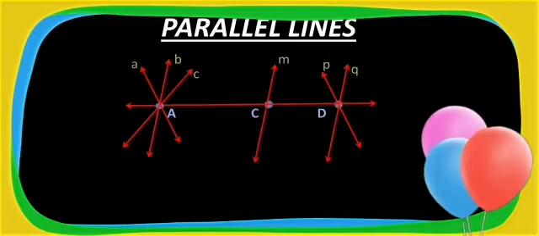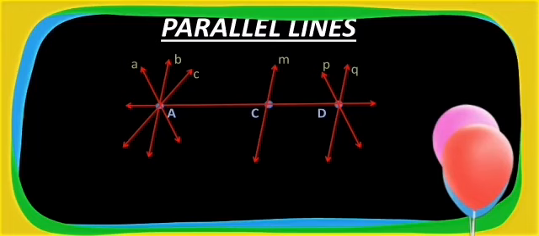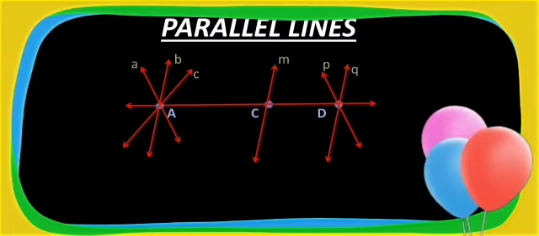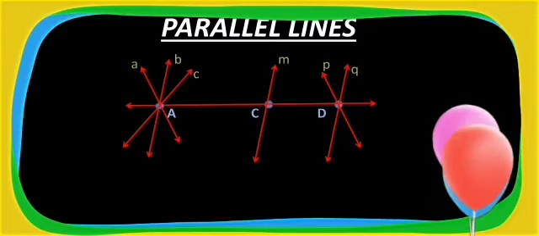Now let's move on to the next concept. No, we will give some activity first. Parallel lines, with the same diagram that we used for concurrent lines. Can you figure out some lines which are not intersecting each other?